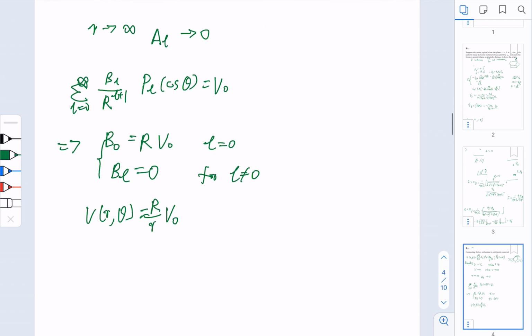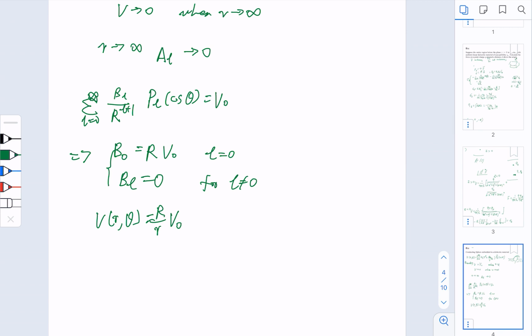And now we can also calculate the electric field, and it must be the negative gradient of this V. It is 1 over r squared, along the r hat direction.